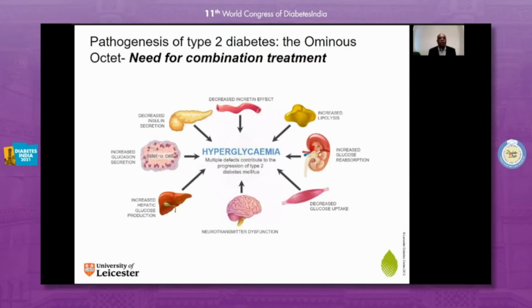So we know about the ominous octet. One way of addressing non-adherence is to prescribe medications that target various organs at the same time. So if you've got a patient who needs to be on a diabetes drug, but that diabetes drug also addresses issues about blood pressure, weight, and kidney function, it might be reasonable for you to try to attack all these organs at the same time, not just in addressing glycemic control, but all the other extra glycemic benefits that the drugs could deliver.